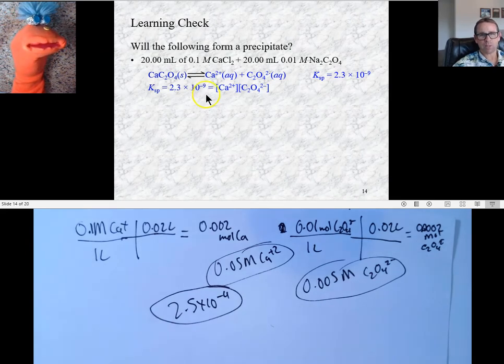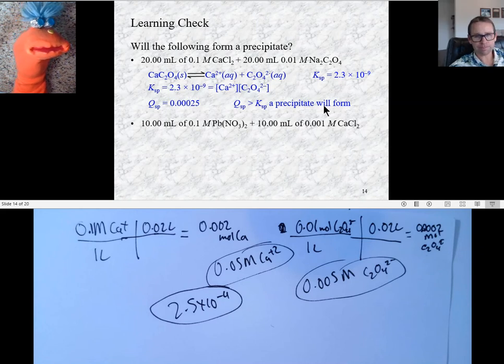Because 2.5 times 10 to the minus 4 is more than 2.3 times 10 to the minus 9, I know that a precipitate will form. Okay? Okay, very good. Q is greater than K, so a precipitate will form.